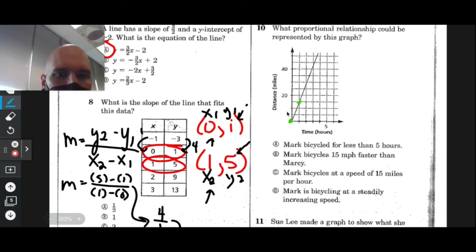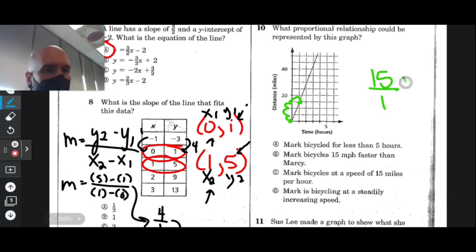So up 5, 10, 15, 20. So when you go up 3, you actually rise 15. But when you go over 1, you go over actually 1. So 15 over 1, 15 miles per 1 hour is the same as 15 miles per hour.